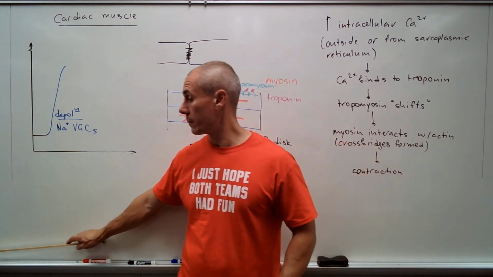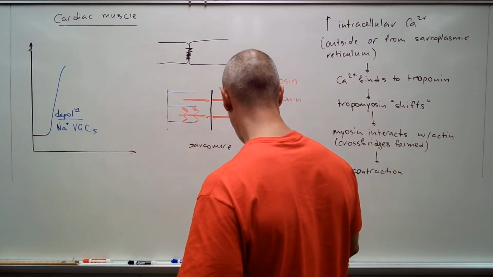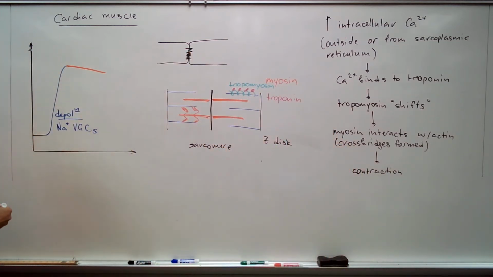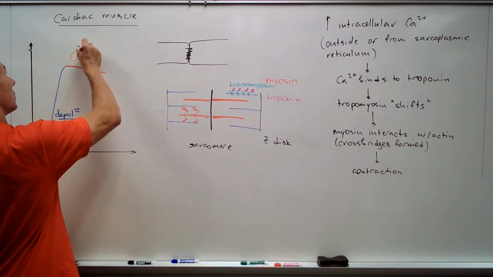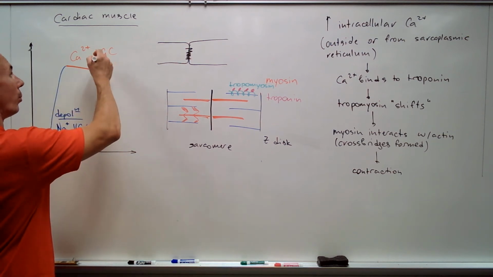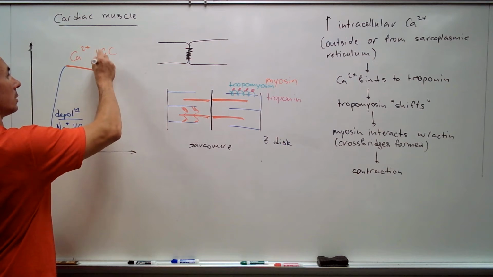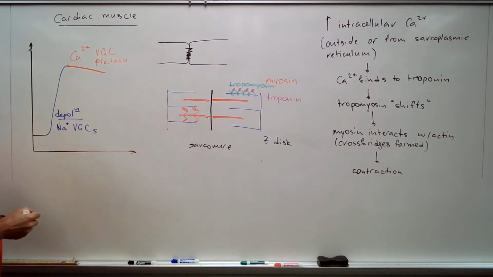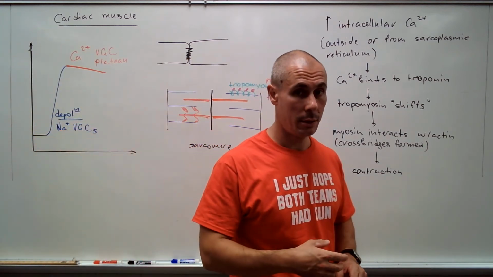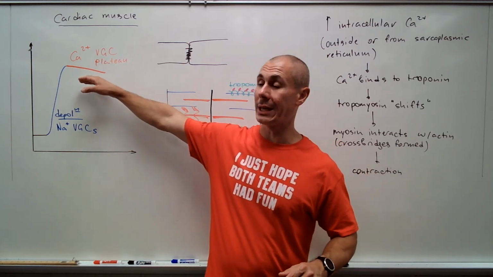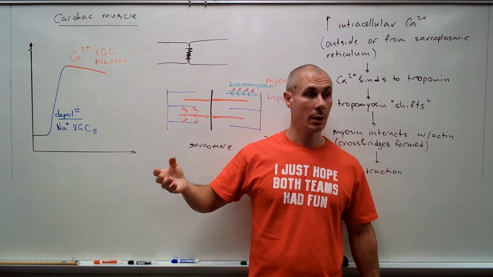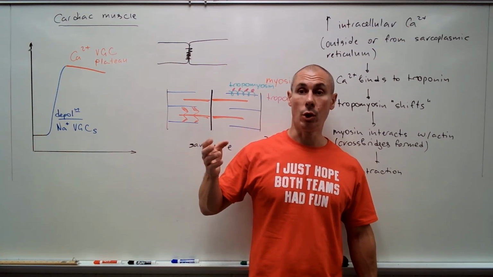Now the big difference starts at the top of it, because at the top sodium channels close, but calcium voltage gated channels open, and this is called plateau. Okay? So why is that important? When cardiomyocyte is depolarized for an extended period of time, it allows the contraction to be long.